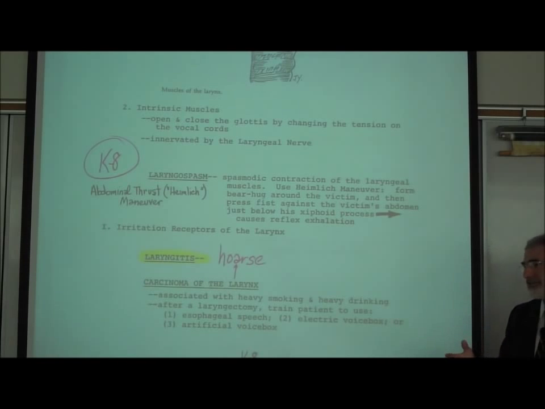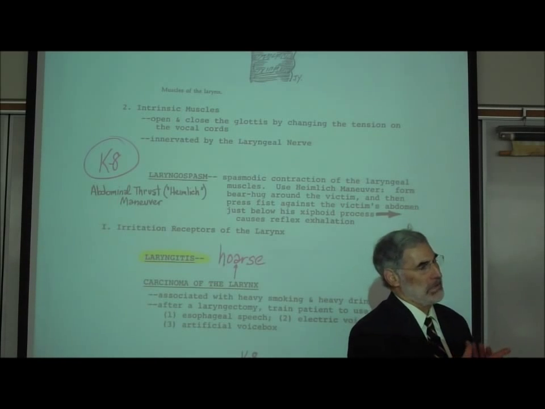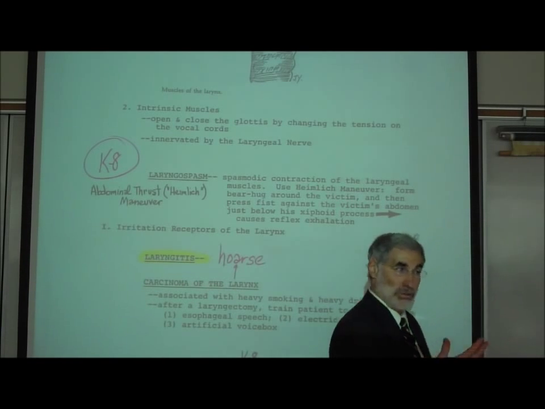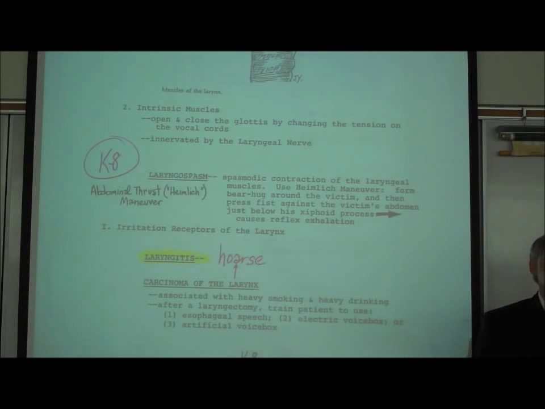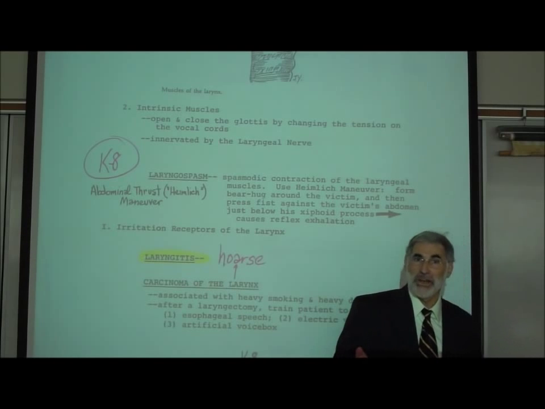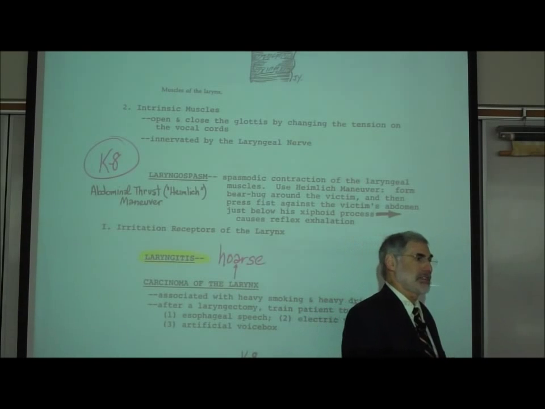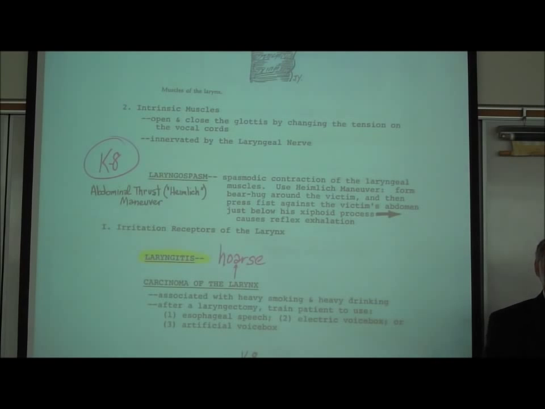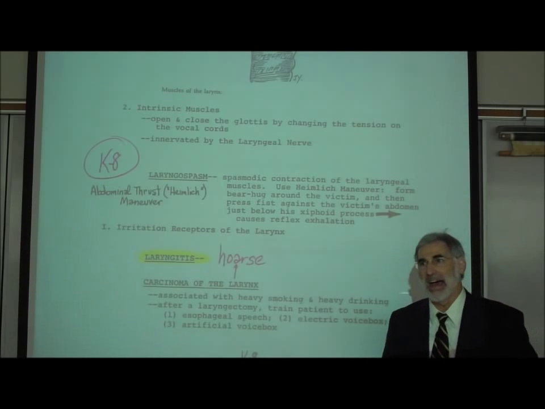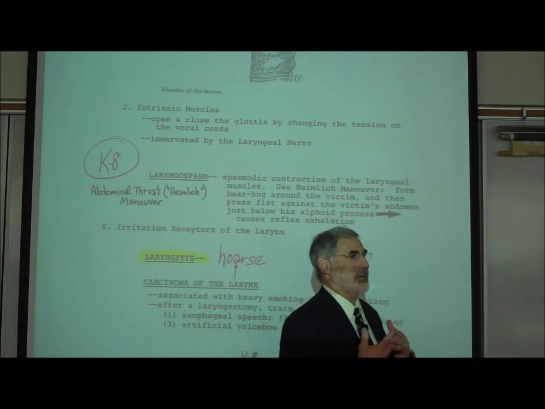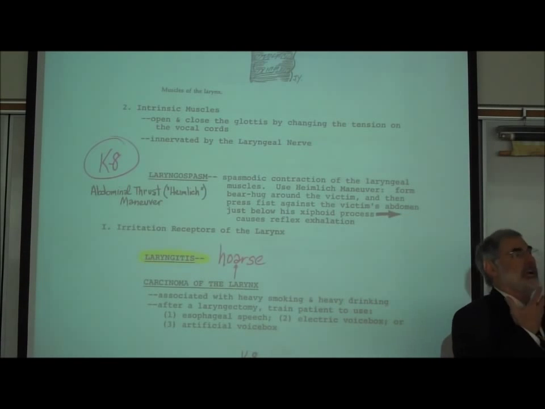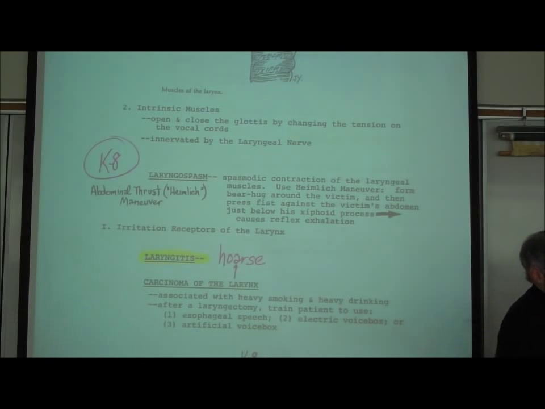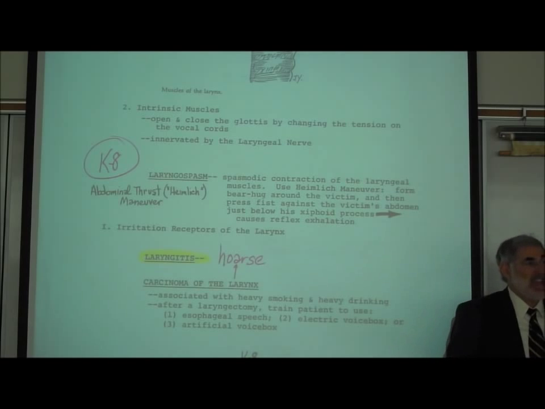There's something else that can also cause these muscles of the larynx and airways to contract, and that's an allergic reaction. If you know of somebody who's very allergic to bee stings, to peanuts, or something like that, if they come in contact with something they're very hypersensitive or allergic to, that can also cause a lot of these muscles of the larynx and the airways to constrict, and then they can't breathe.